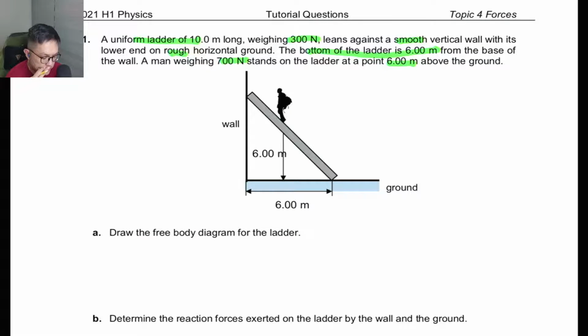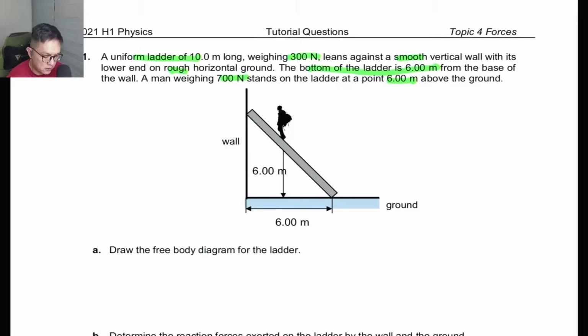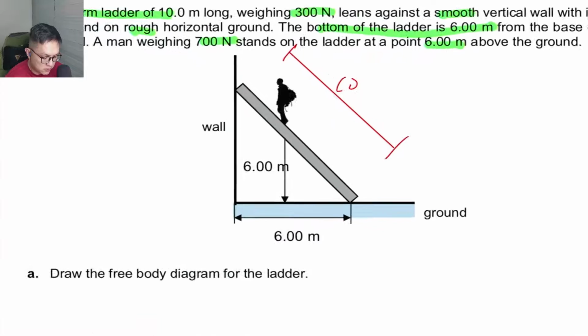Let's look at this ladder. This ladder is 10 meters long. I'm just going to draw some dimensions here as well, so it's clearer for us. Let's draw it here like this. This distance is 10. The CG of the ladder is at 5. Let's mark the CG of the ladder. Let's use black color and zoom in a bit.